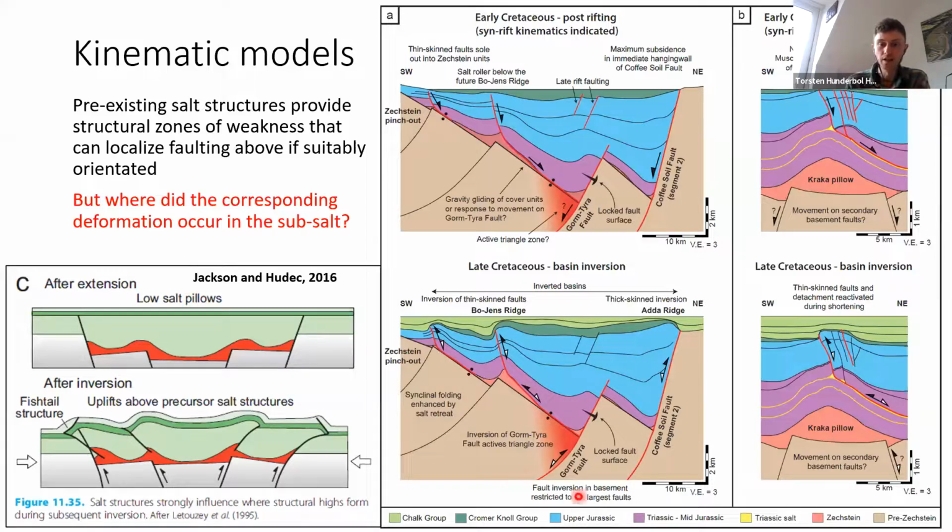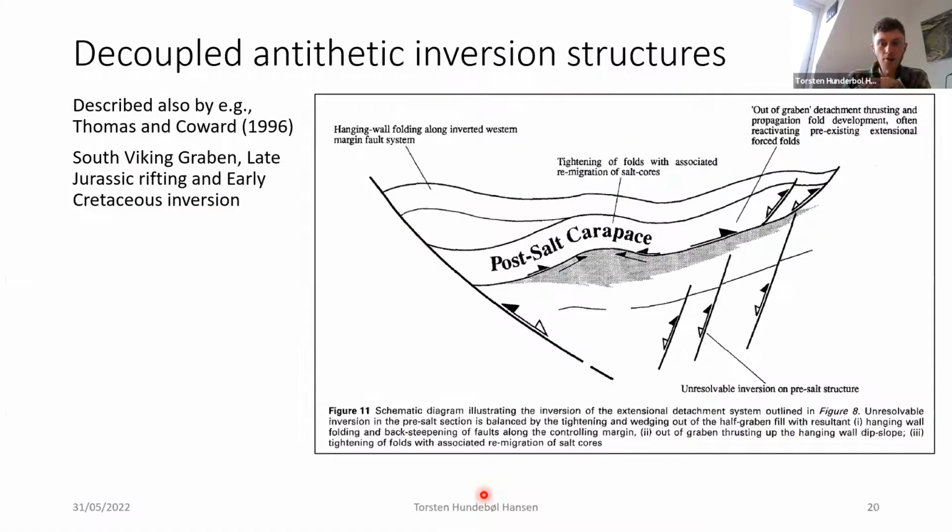I basically already gave you the answer here, but let's take a step back and go back in time to 1996, where Thomas and Coward basically described the same thing in the South Viking Graben, offshore Norway.